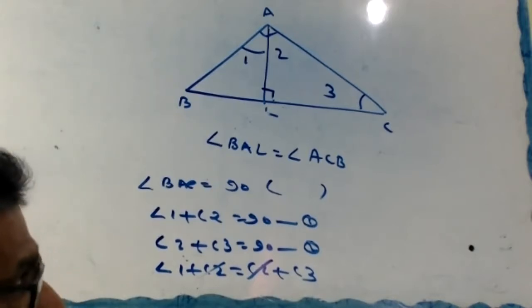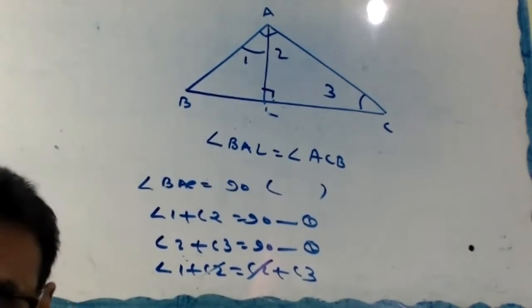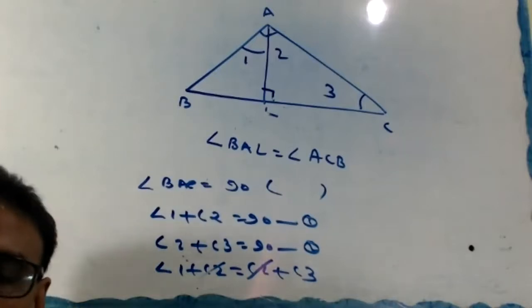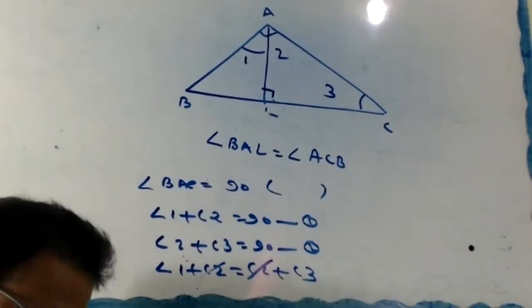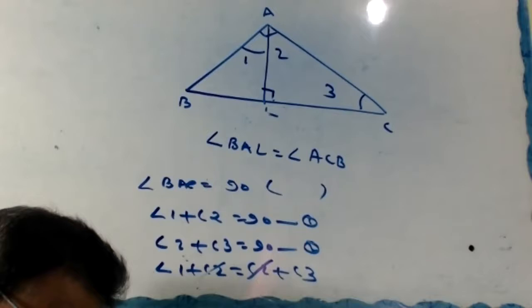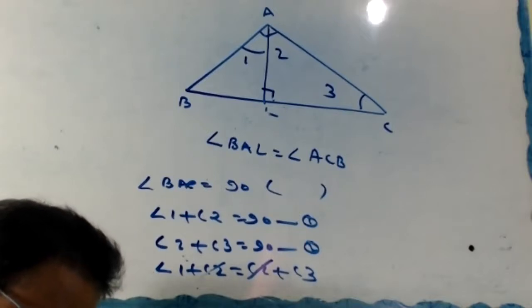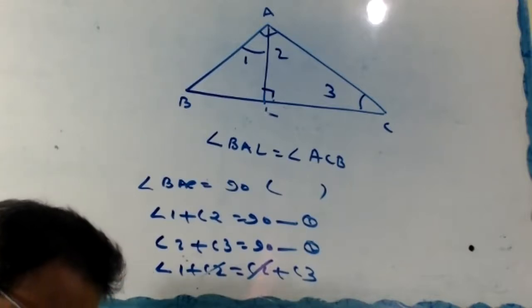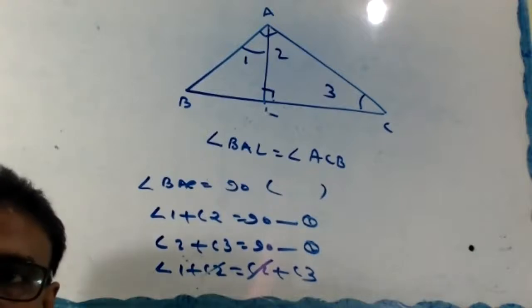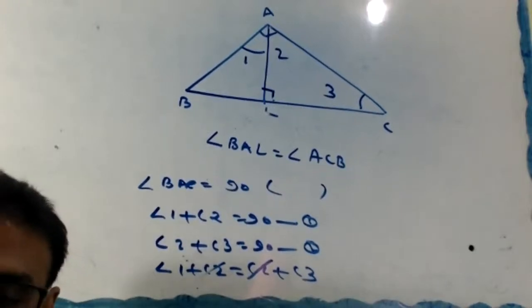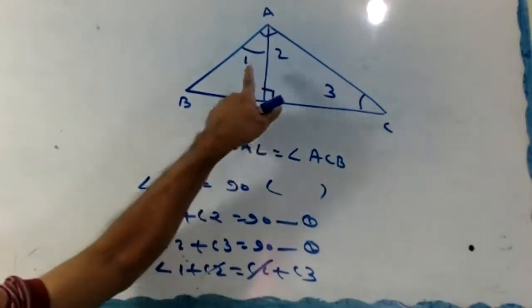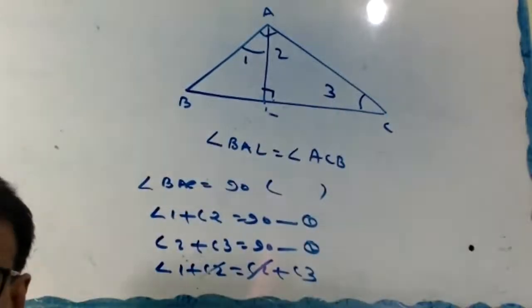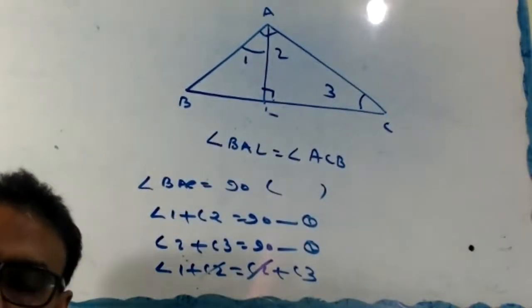Next line, AL perpendicular to BC. Then to prove angle 1 equal to angle 3.